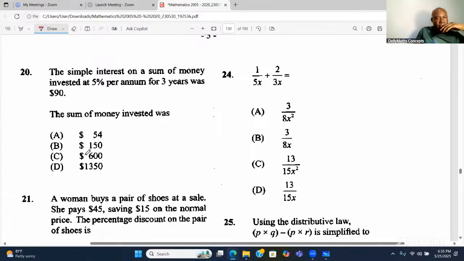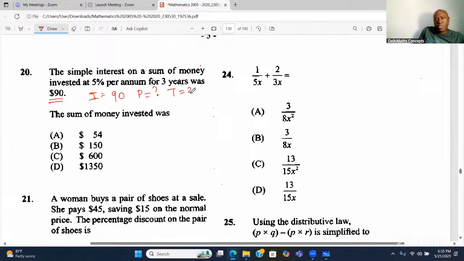All right, so number 20 says the simple interest on a sum of money invested at 5% per annum for 3 years was 90. So this is the interest. The question is, you want P, the money that was invested.